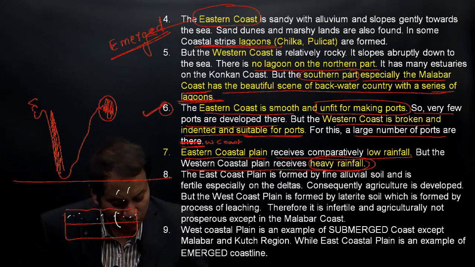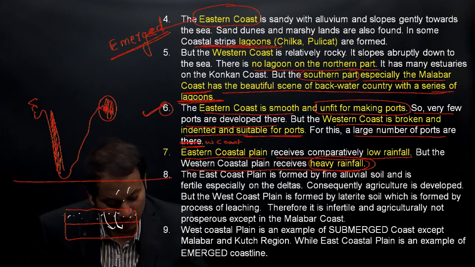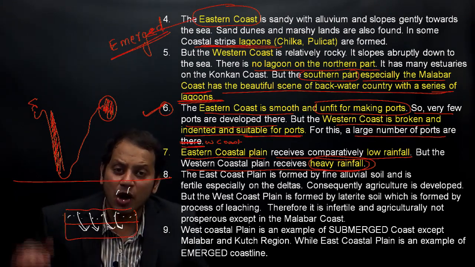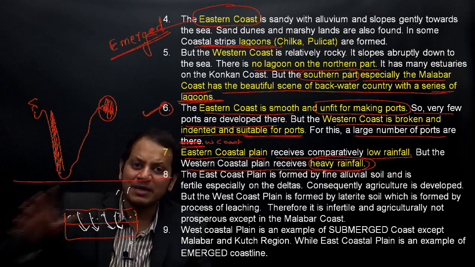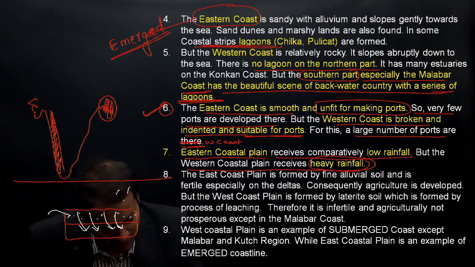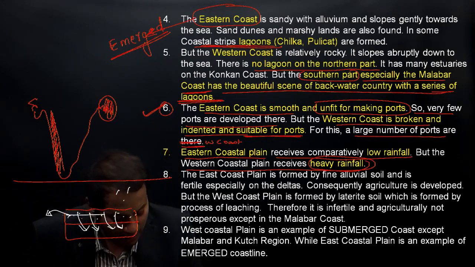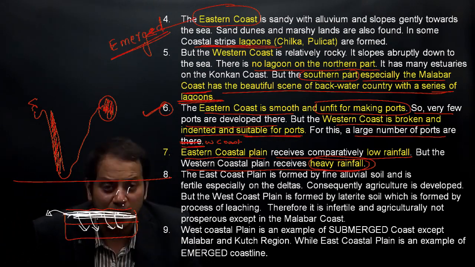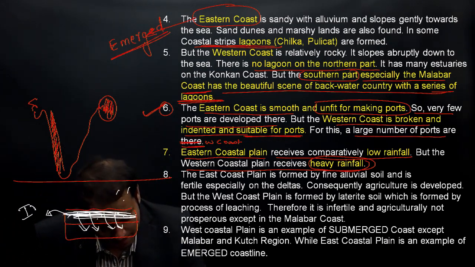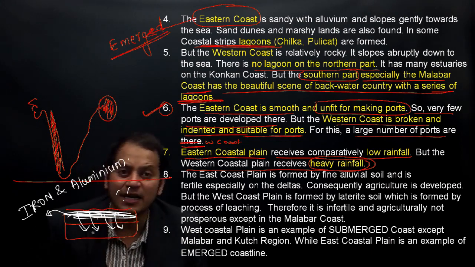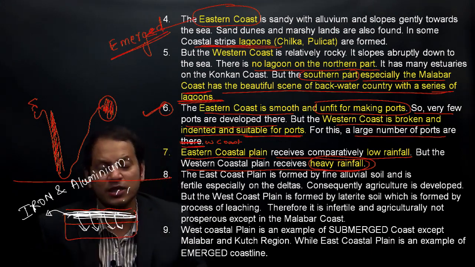Water removes most of the minerals from the top layer of the soil. So on the upper level, most of the minerals are removed except for iron and aluminium. You will find only iron and aluminium in the uppermost layer of the soil.